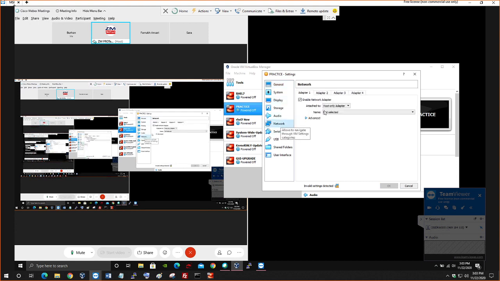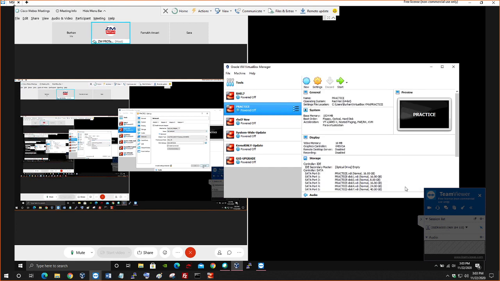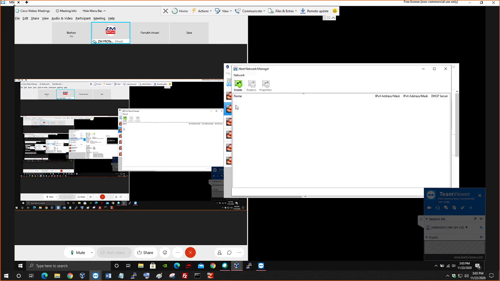Let's look at it here. So the host-only adapter is gone. Why is the adapter gone? We're going to check the host network manager. So the adapter is not there.